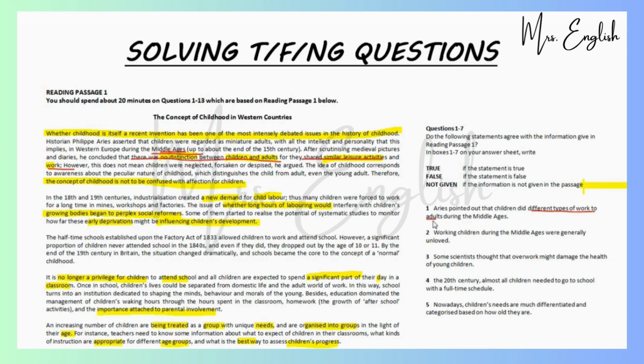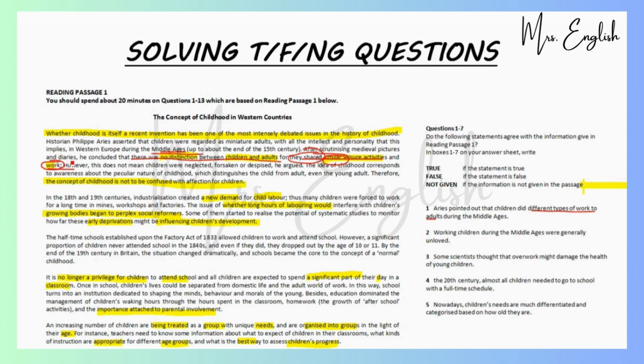That's the question. If you've remembered, we can find here in this paragraph that during the Middle Ages, there was no distinction between children and adults, for they shared similar leisure activities and work. They shared similar work.